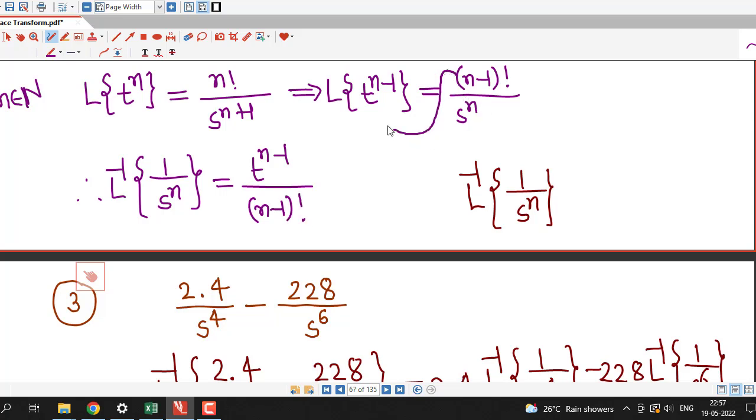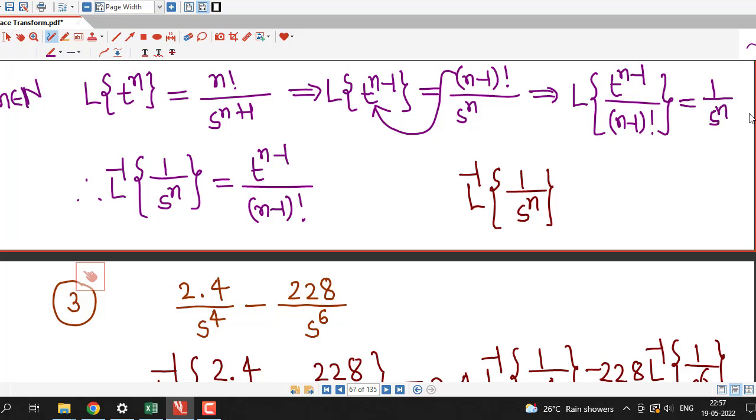We take this constant on this side, and because it is a constant we can take it inside the Laplace transform, and then we take the inverse Laplace transform on both sides, or we are using the definition. One more step: the Laplace transform of t raised to n minus 1 divided by n minus 1 factorial equals 1 over s raised to n.